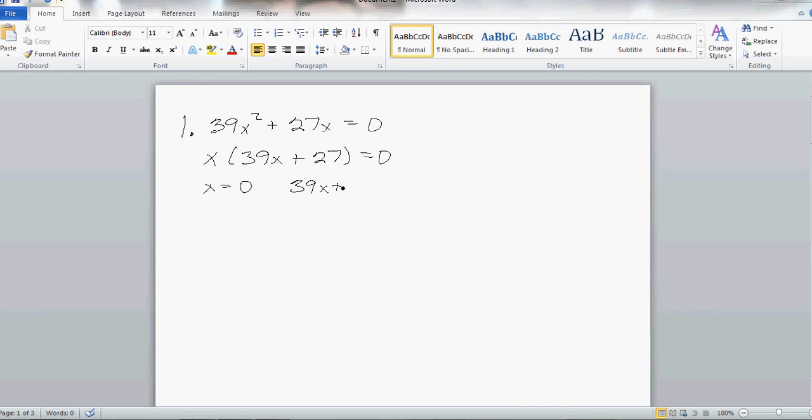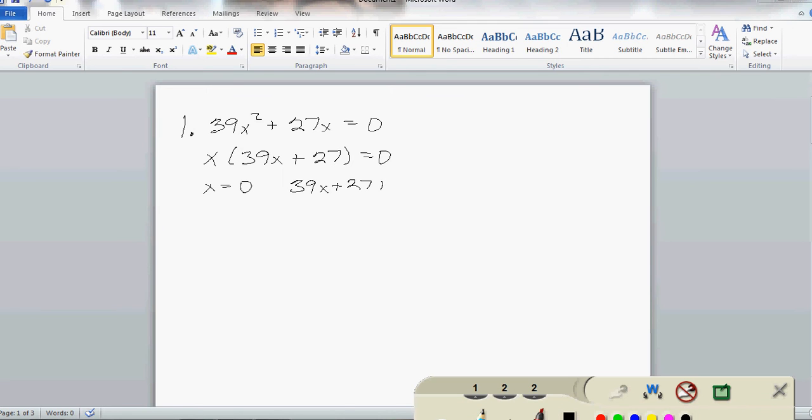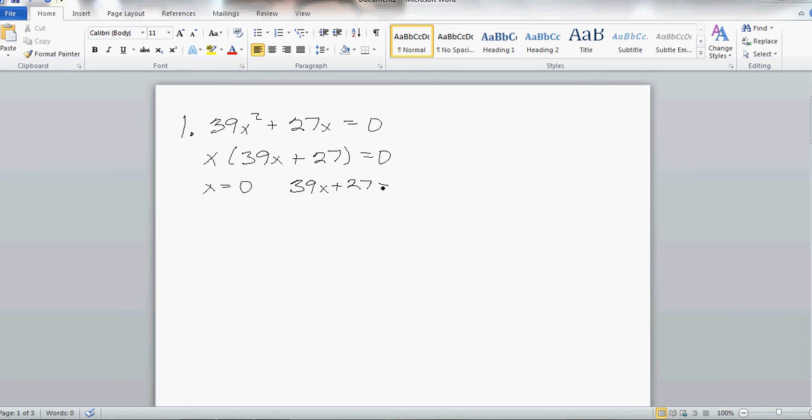So x equals 0, as does 39x plus 27 equals 0. Subtract 27 from both sides and divide both sides by 39 and simplify, and we get negative 9/13.